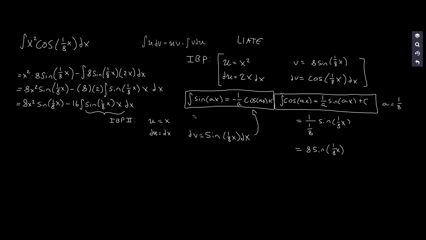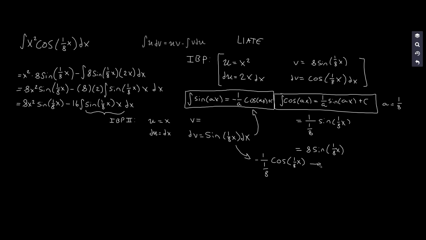Now I think v equals negative, oh right, there's going to be a little bit of a complex fraction thing going on. So that's going to be negative 1 over 1/8 times cosine of 1/8 x.